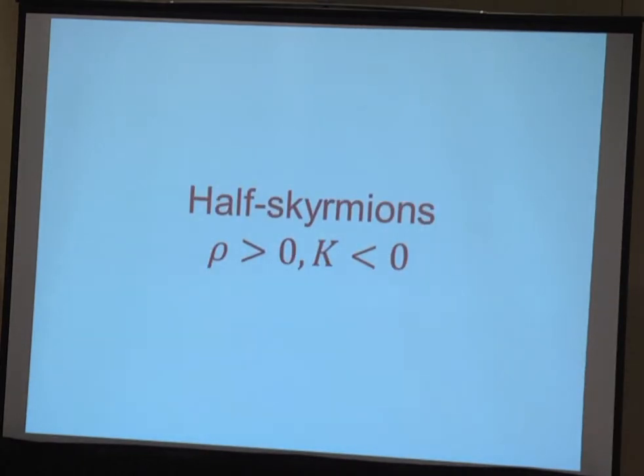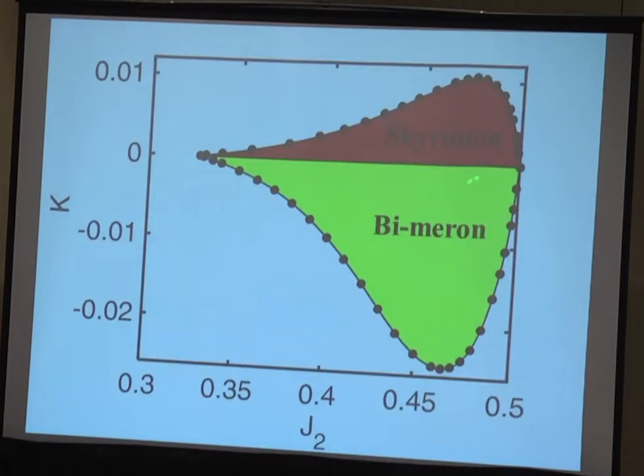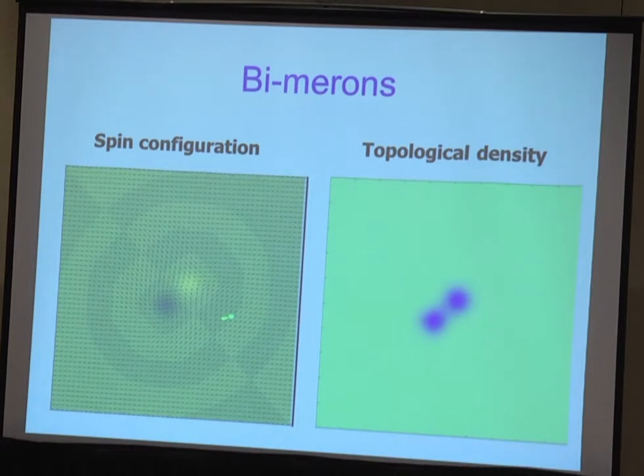Now, if instead of easy axis you have easy plane, then instead of Skyrmions you have Lagrange, which are also much studied by the Salomon's group. What happens is that if spins lie in plane, then as a defect you have a vortex and an anti-vortex, but inside the vortex the magnetization is down, and inside the anti-vortex the magnetization is up.